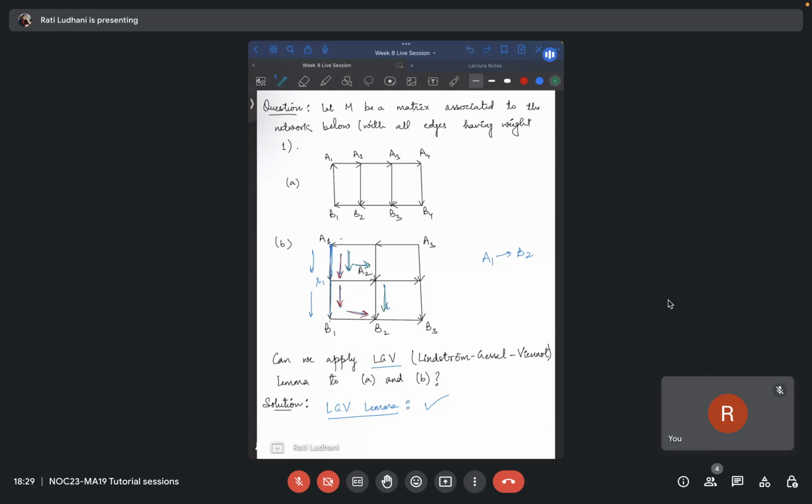You will go again like this, and this and this you have considered. Now if you go from A2 to this, you reach B3, but you cannot come back to B2. So from A1 to B2, you have two paths. Is that clear? Like how we are looking at it.